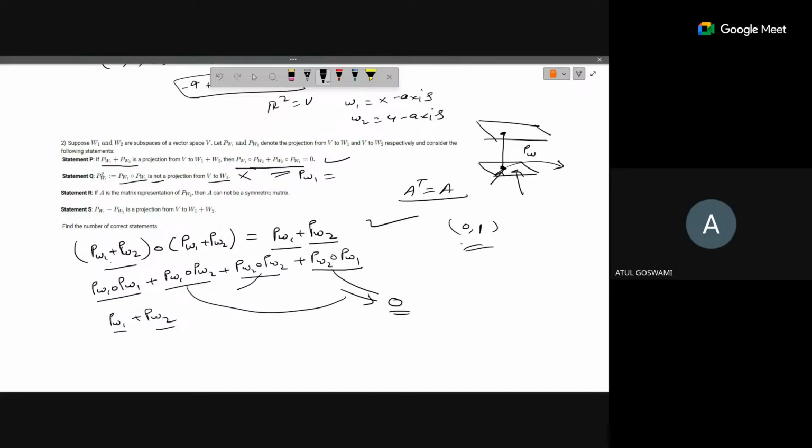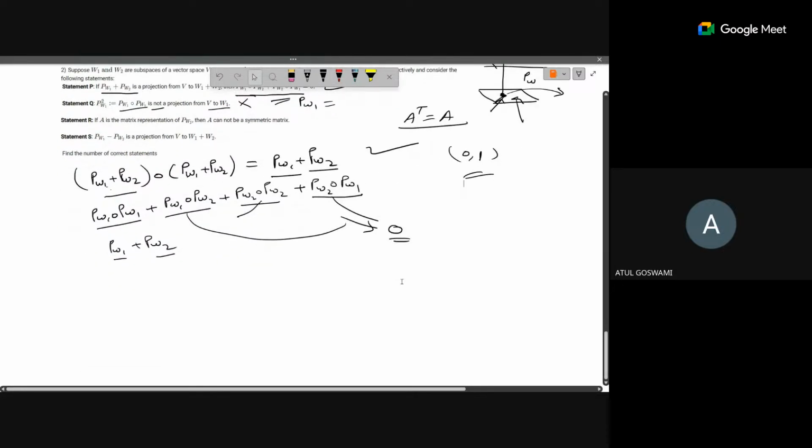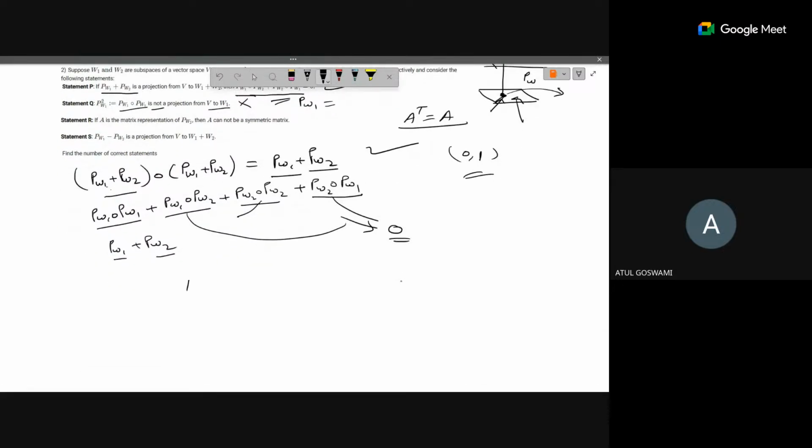Taking the standard basis of R2 and projecting, T of (1, 0) would be (0, 0), and T of (0, 1) would be (0, 1), right?